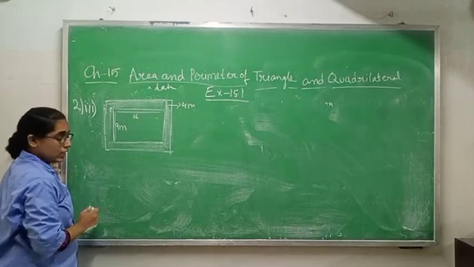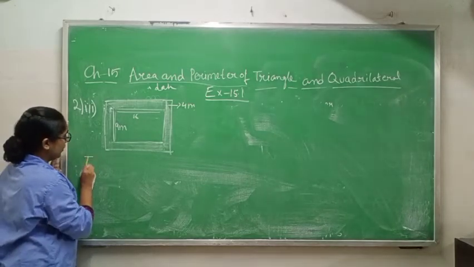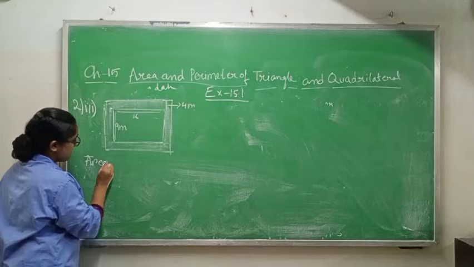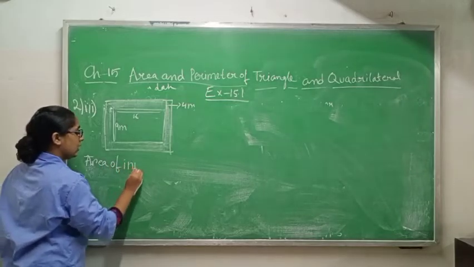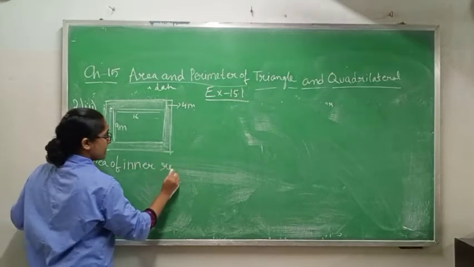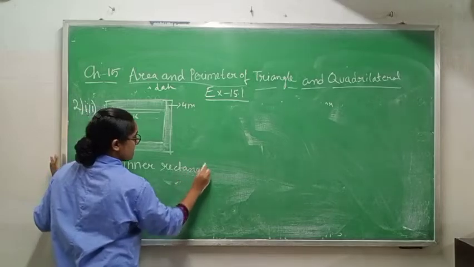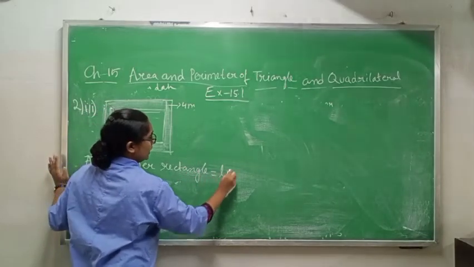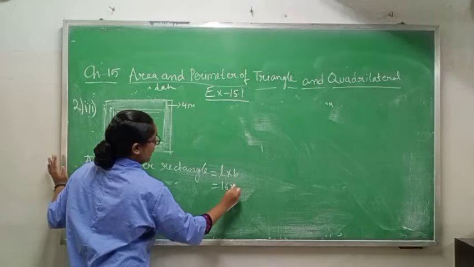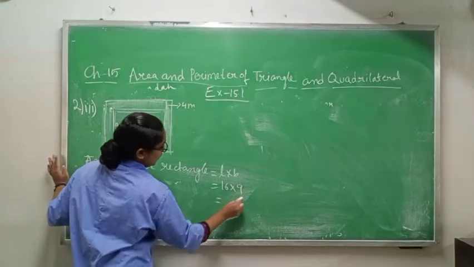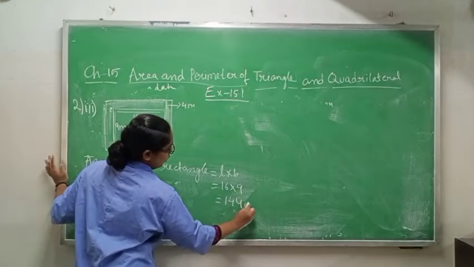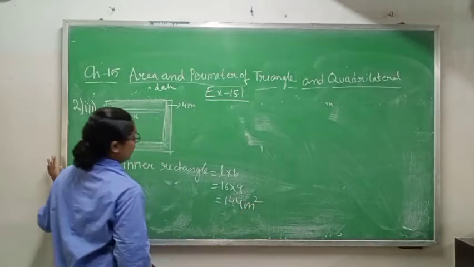You will get area. So what will you write? Area of inner rectangle equals L into B, length is 16 and breadth is 9. Now multiply, you will get 144 meter square. Okay.